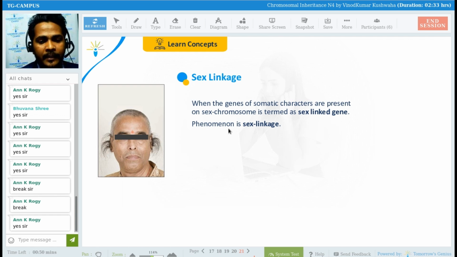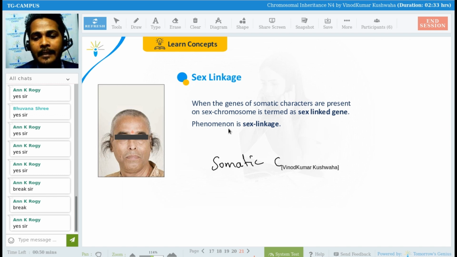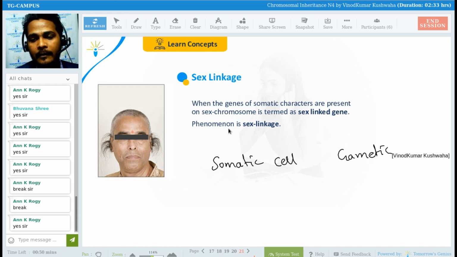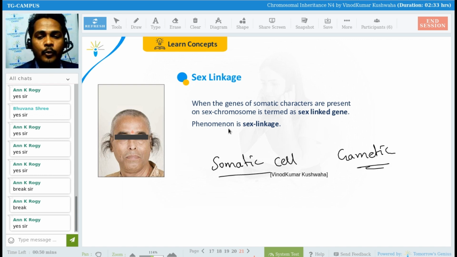Now what is a somatic character and what is a gametic character? You know somatic and gametic cells? We have two types of cells in our body, somatic cells and gametic cells. What is a somatic cell?